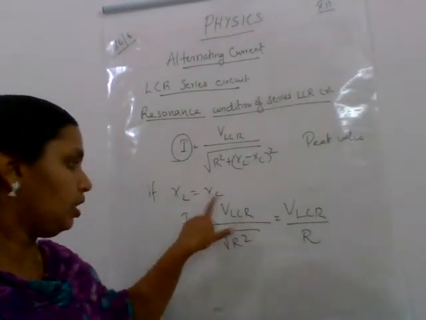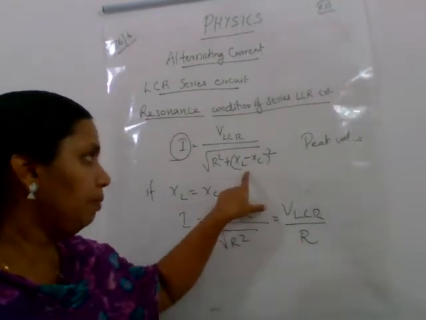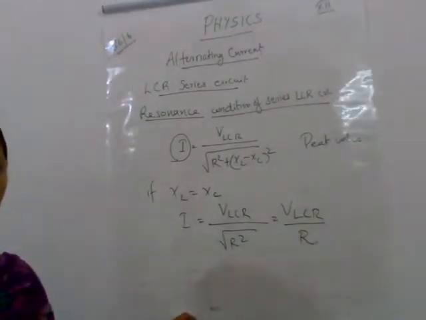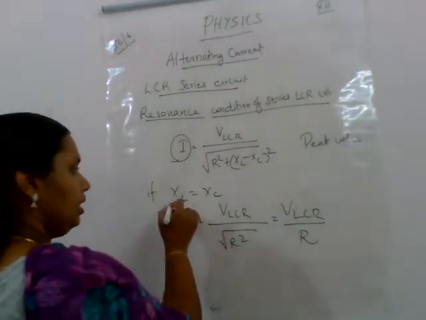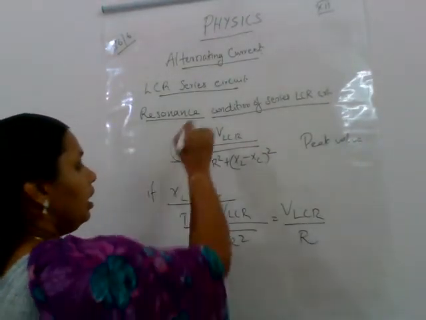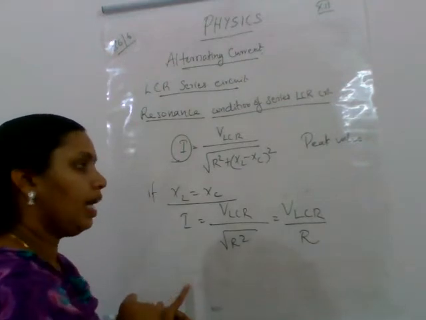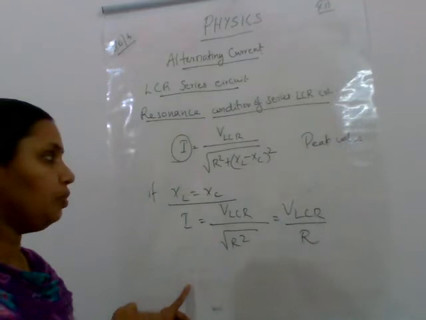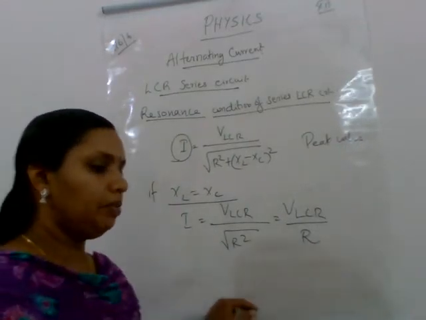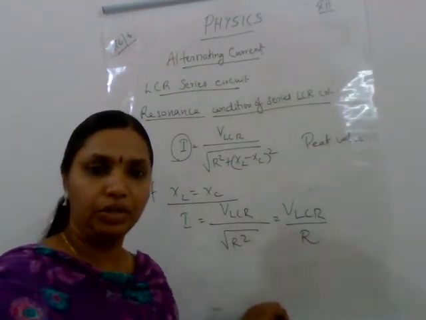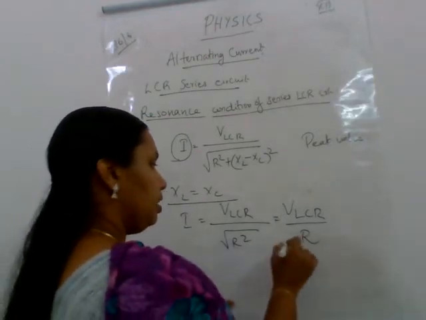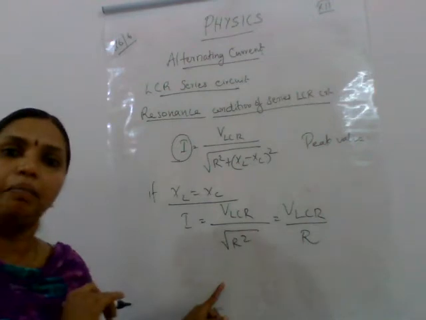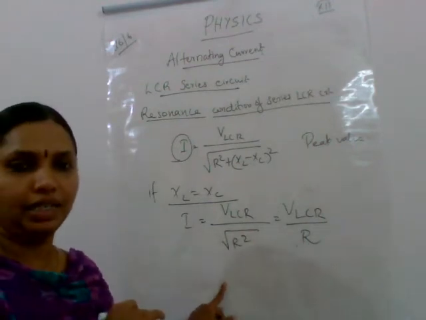Impedance minimum, current will be maximum. So this is the condition at which a series LCR circuit attains resonance. We can say that resonance condition means if XL is equal to XC, the impedance of the circuit becomes minimum and the current flowing through the circuit will be maximum. That is the resonance condition.